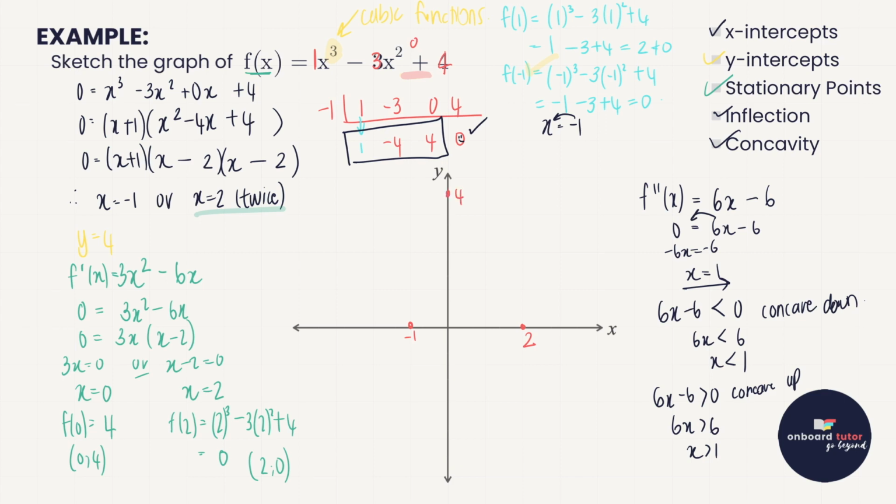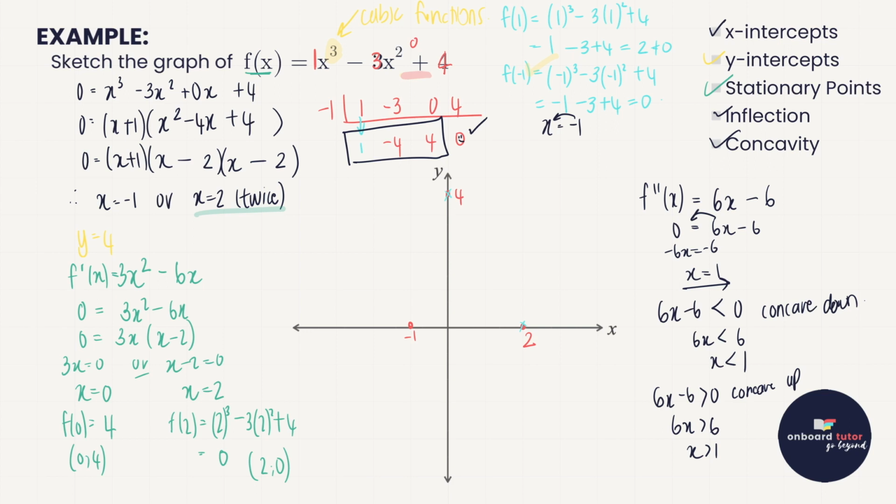Okay, and then we've got some turning points, and we happen to see that our stationary points were actually exactly at our intercepts. Okay, this doesn't happen very often, but this is a nice little question for us. So 0 and 4 is already there, and 2 and 0 is there. So let's just make a note for ourselves there that those are also going to be turning points.